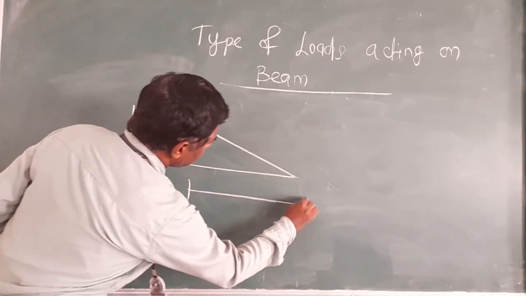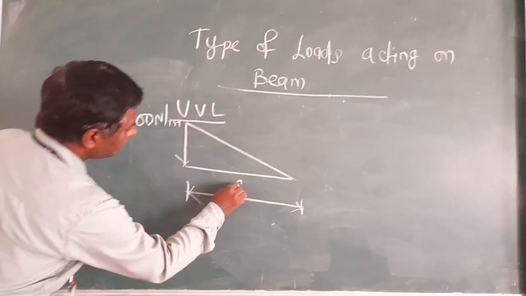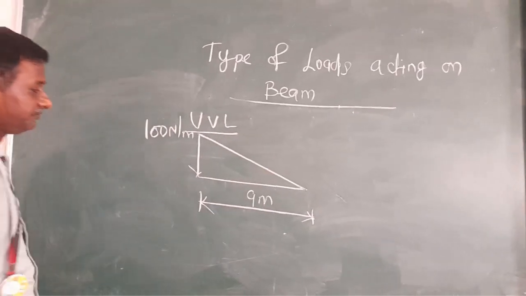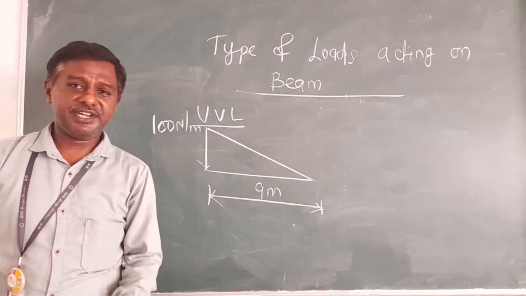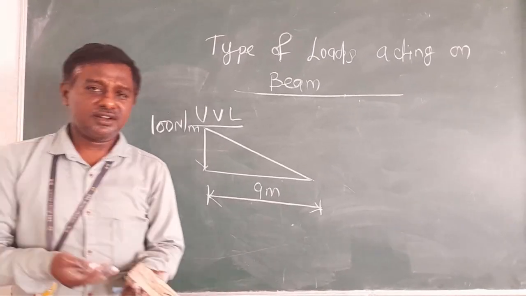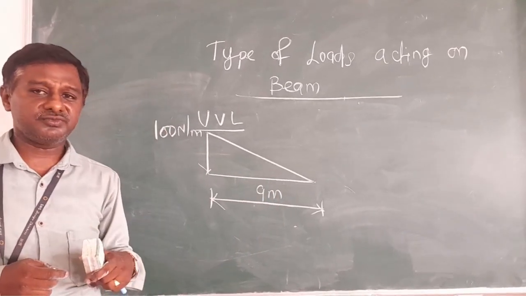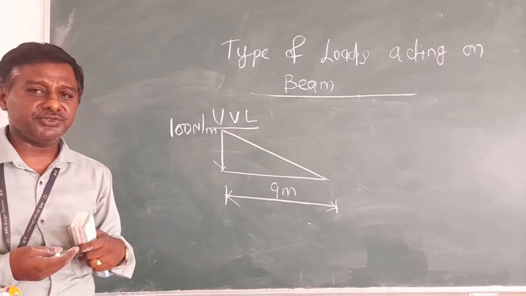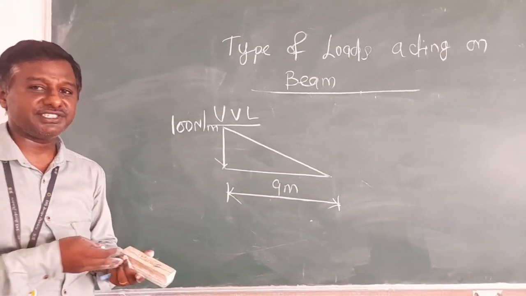Let's take the span of the beam as 9 meter. Now we have to find the total load, which is concentrated as a point load, the magnitude as well as the location where it is acting.